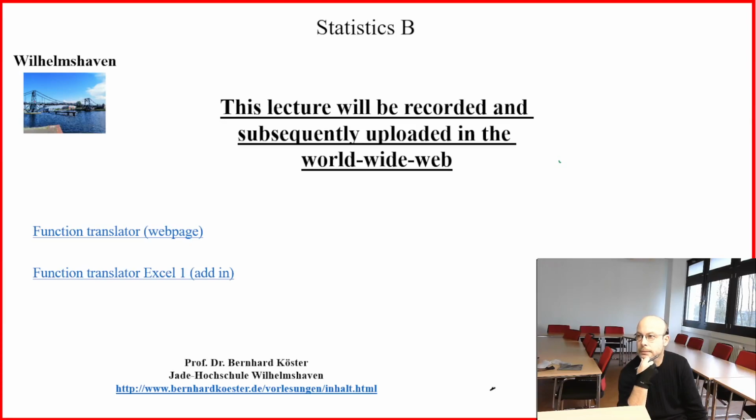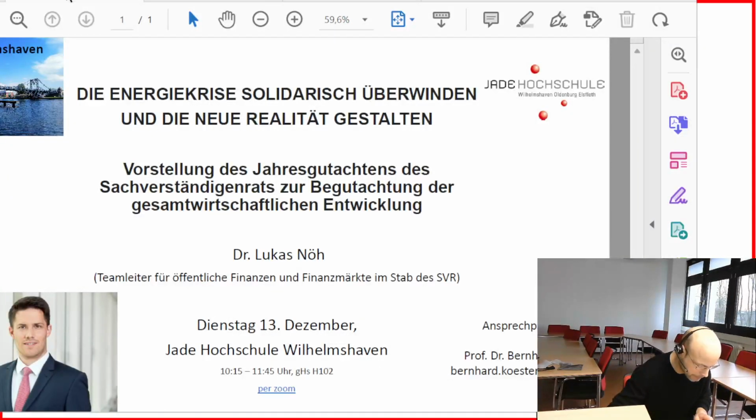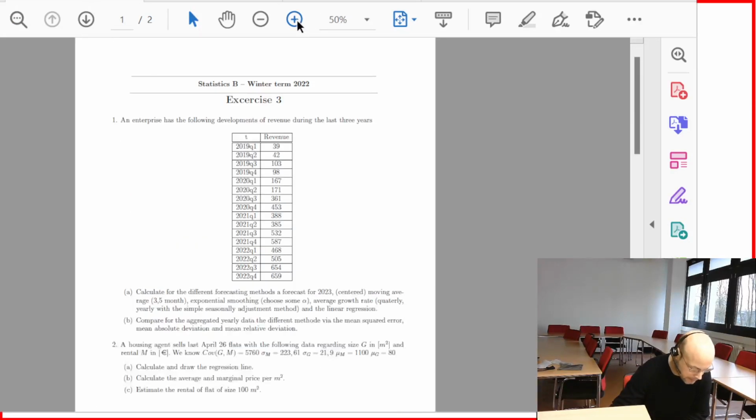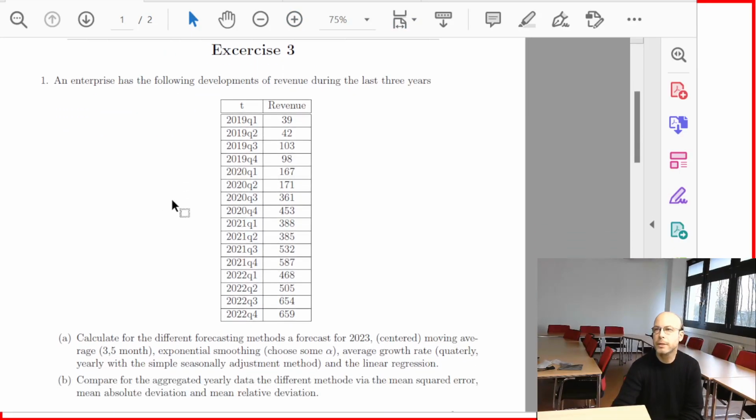Okay, then please have a look at the exercises, and I will just show you here. I uploaded this. So these will be some simple examples about doing linear regression on your own.